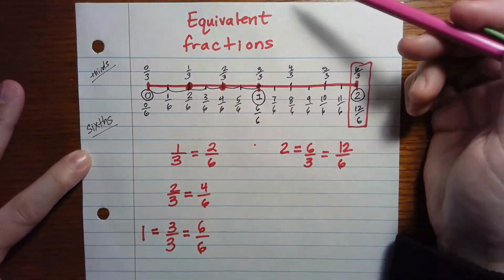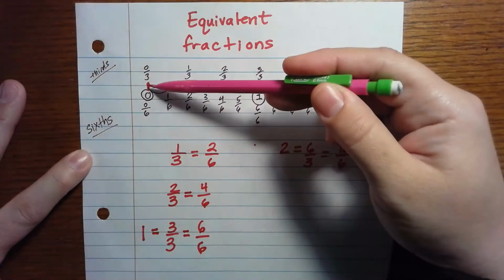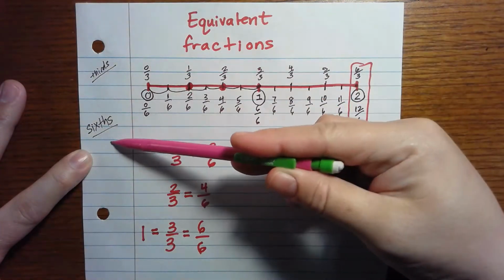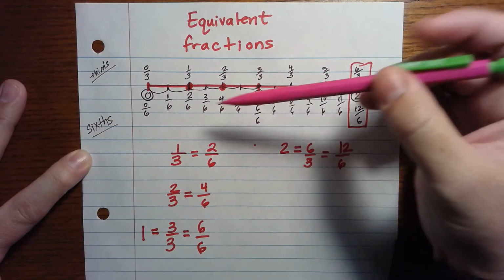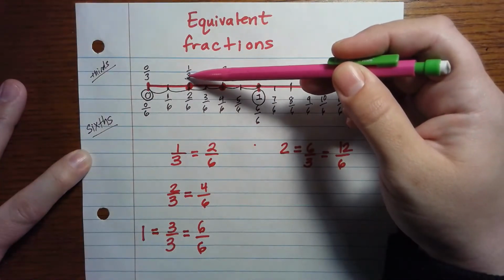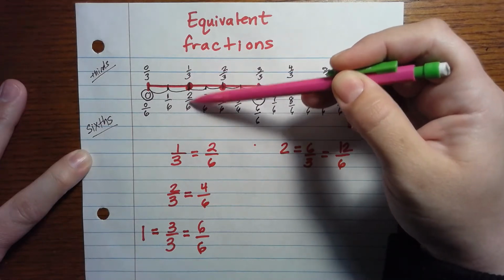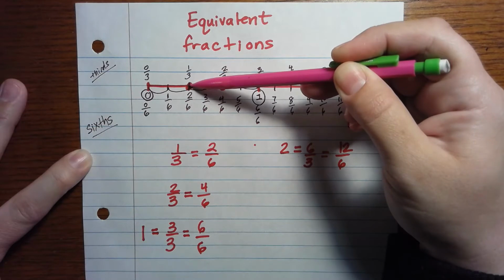So yesterday I did a model for you, or an example, where we divided the whole into thirds and also by sixths, and we discovered that fractions that look different actually have the same value and sit at the same place on the number line.